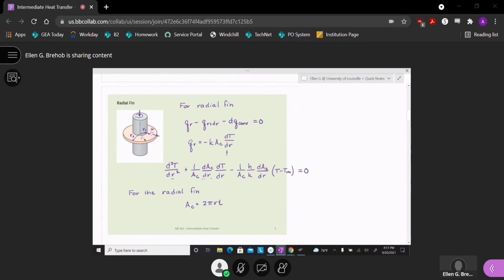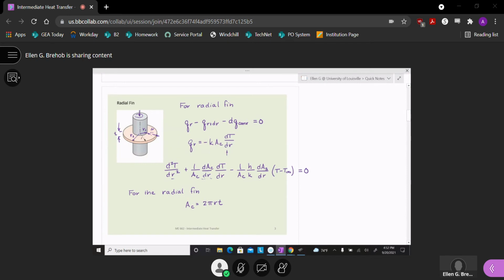For the radial fin, the cross-sectional area. So let's put a little note over here. That's my thickness t. It looks a little bit off, but I want you to think that this little circular sheet I put in there has a thickness of t.